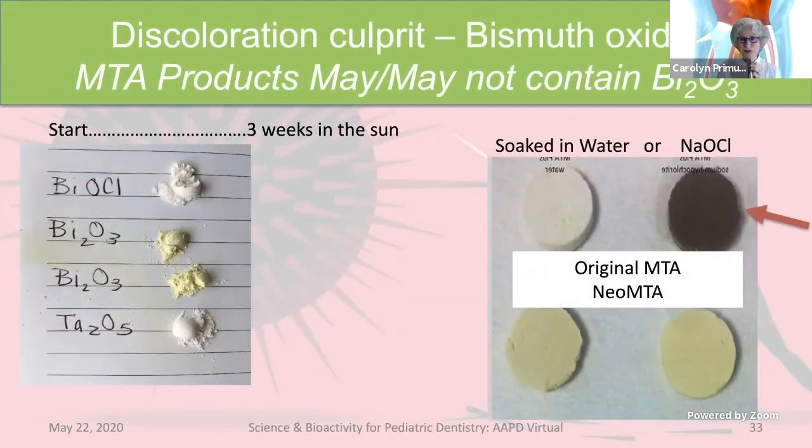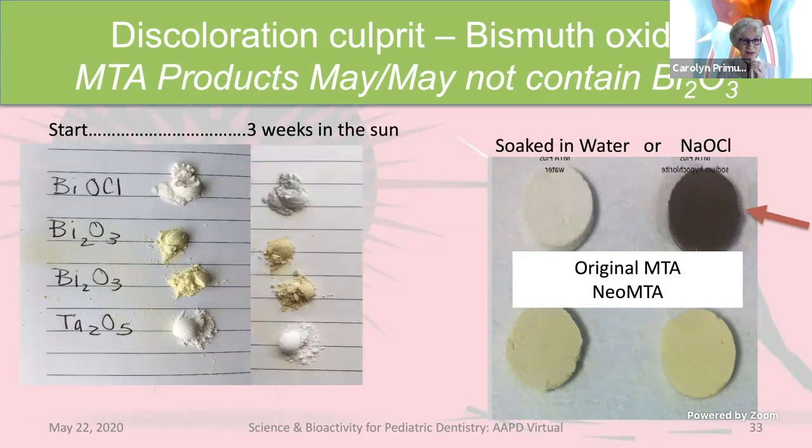I told you that bismuth oxide can be problematic, and I wanted to show you an experiment that was done with various bismuth oxide compounds shown here on the left. And it's a problem in that study by Professor Seal because of light penetrating the primary teeth, and the bismuth compounds will discolor after spending some time in the sun.